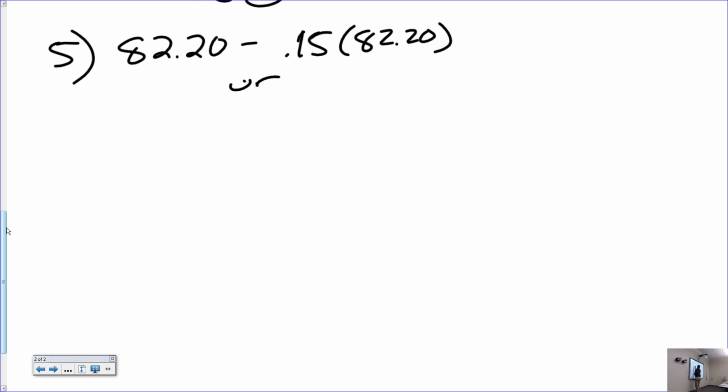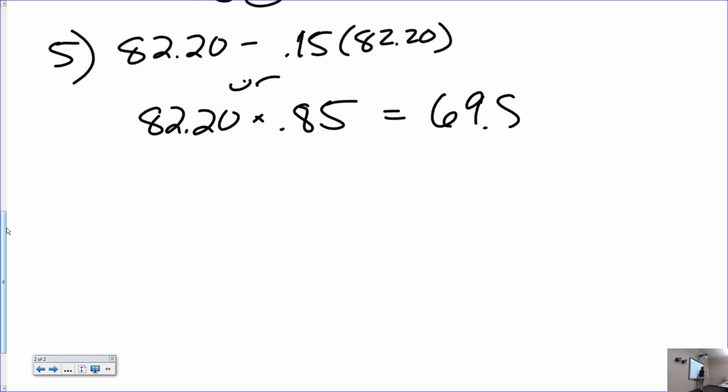So the other way that you could do this to do it faster is just do 82.20 times 85%, because that's how much you actually paid. You paid 85% of the price. $69.87. Either way, if you did the multiplication by 15 and subtracted, it worked just as well. It's not like it didn't work. It's just this was the easy way of doing it.